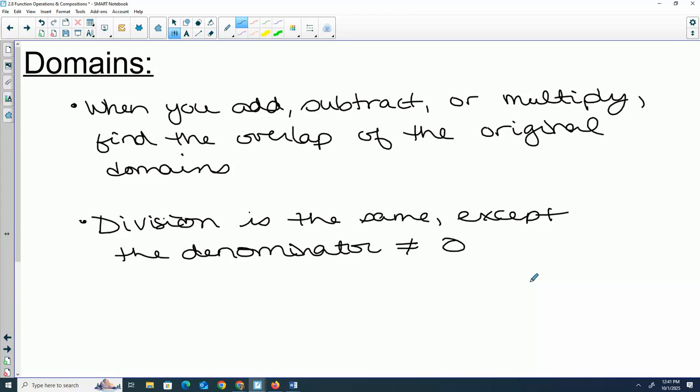So adding, subtracting, multiplying will all have the same domain. We just take any number that works for both of the original ones, it's in the domain when you add, subtract, and multiply. Division starts there, but then we have to look if there's anything that makes the bottom 0 and remove that one.